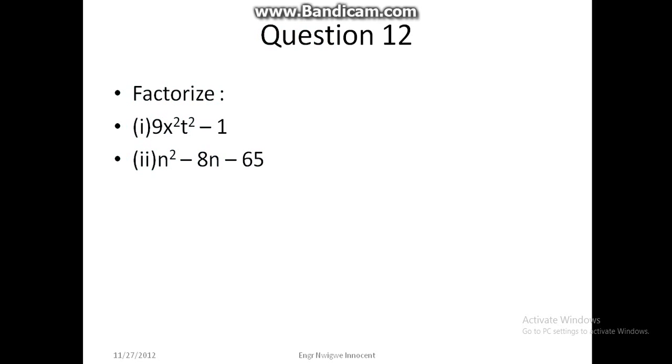Question 12. Factorize: I, 9s squared t squared minus 1; II, n squared minus 8n minus 65; III, 15 plus 2s minus s squared. Answer I. We are given 9s squared t squared minus 1.